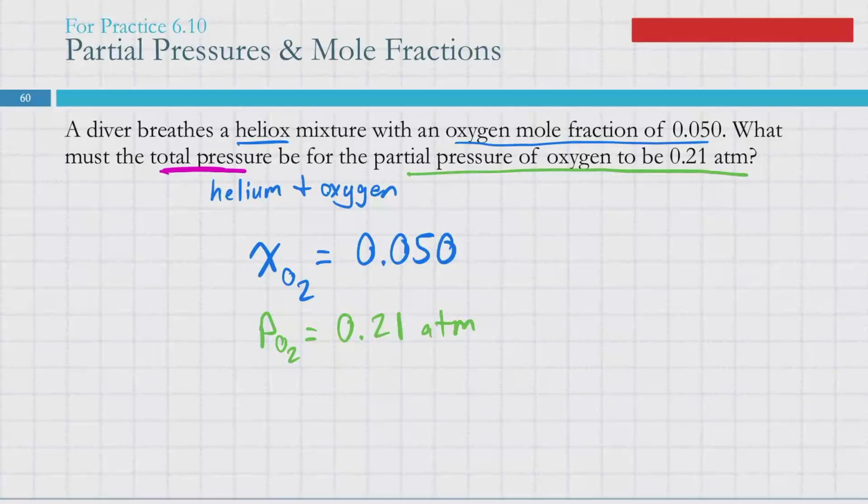And we're trying to find total pressure. Does anyone know an equation that has all three of these variables in it?